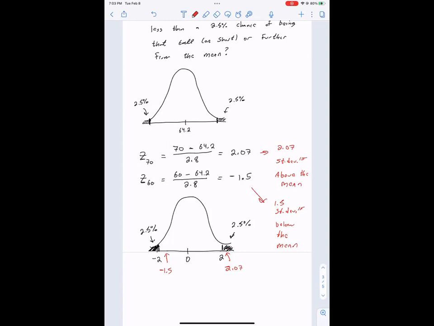So what the Z-score does is take your original distribution with unknown cutoffs and convert it to a standard normal distribution where I know exactly what the cutoffs are: negative 2 and 2. And even better, I know exactly how far you are from the mean in terms of standard deviations.